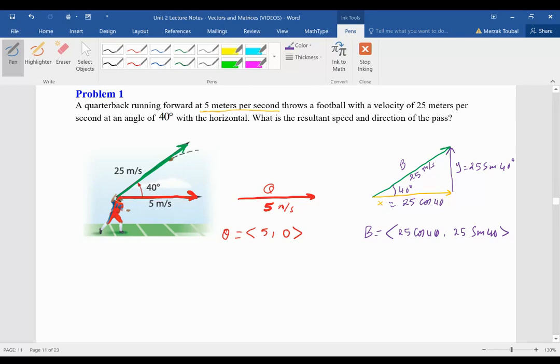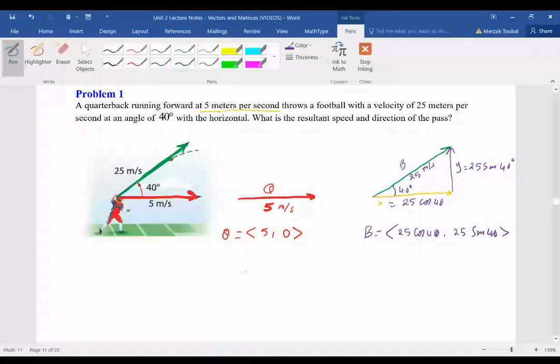Now, when we add these two vectors, because obviously the ball has the velocity of the quarterback and the velocity of the throw, if we combine these two vectors, we're going to get the resulting vector.